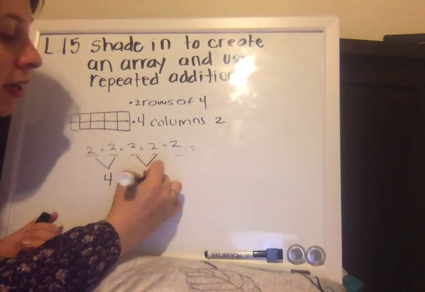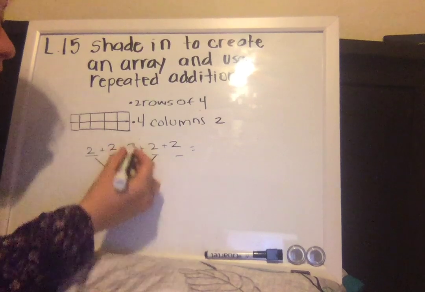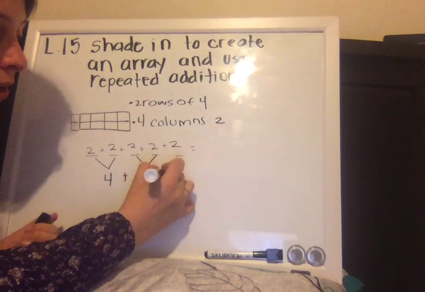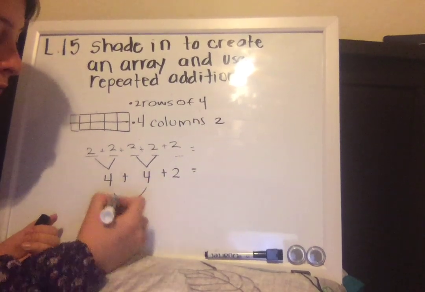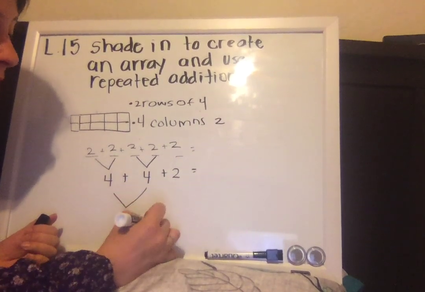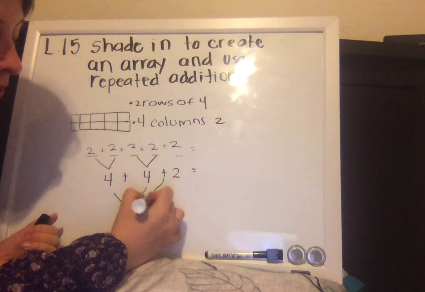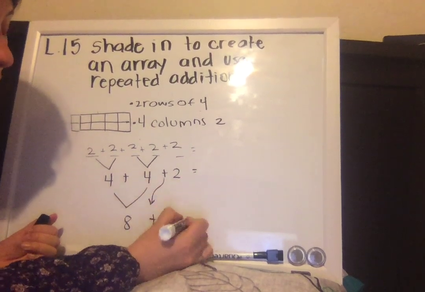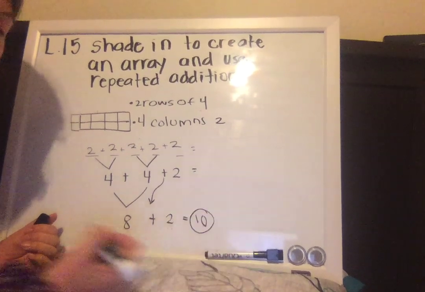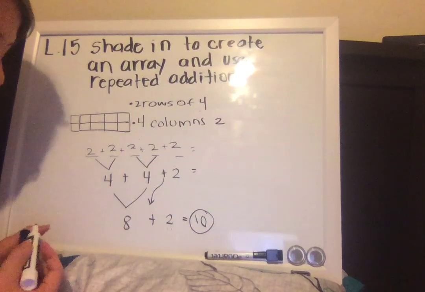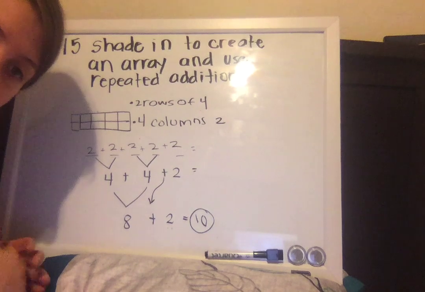Bring down the plus sign, bring down the 4, because 2 plus 2 is 4. Don't forget the last 2. Here, 4 plus 4 is 8. Bring down this plus sign, plus the 2, 8, 9, 10. My answer is 10. Okay, that's all you're going to be doing.